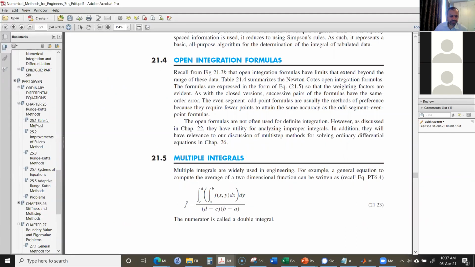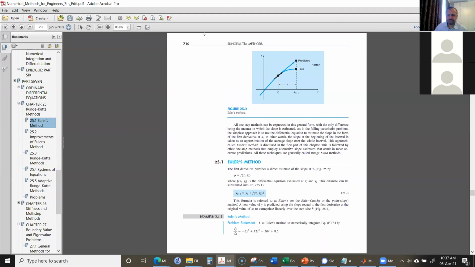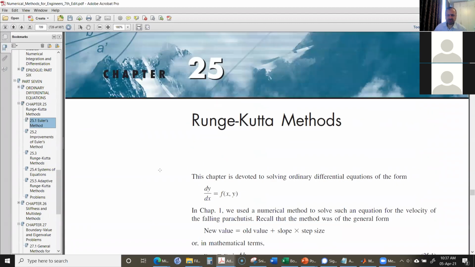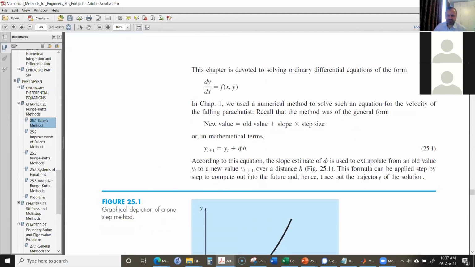Euler's, so chapter number 25. Runge-Kutta methods. This chapter is devoted to solving ordinary differential equations of the form dy over dx is equal to f of x, y. Okay, remember that ordinary differential equations are of this form.